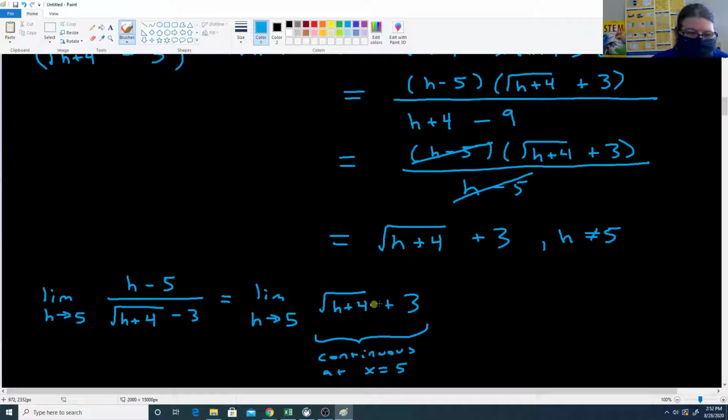We could also say it's an elementary function, and therefore we can evaluate it by substituting the 5 in and get the square root of 5 plus 4, plus 3. The square root of 9 is 3, so this is 3 plus 3, which equals 6. Okay, and that should do that one.